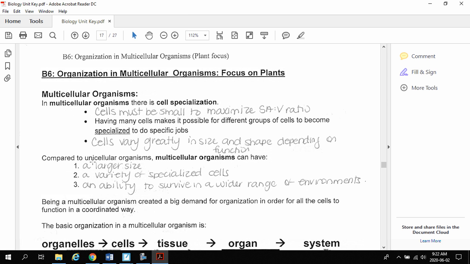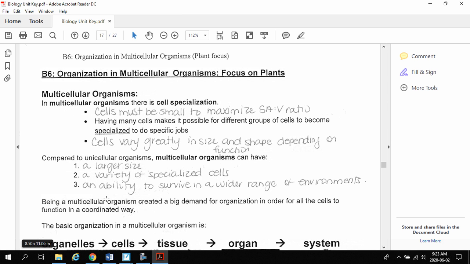And multicellular organisms can have an ability to survive in a wider range of environments. So we see bacteria can live at specific temperatures. If they're in water or liquid, it has to be a specific pH and different nutrients available. Multicellular organisms have different adaptations that allow them to survive in different environments.